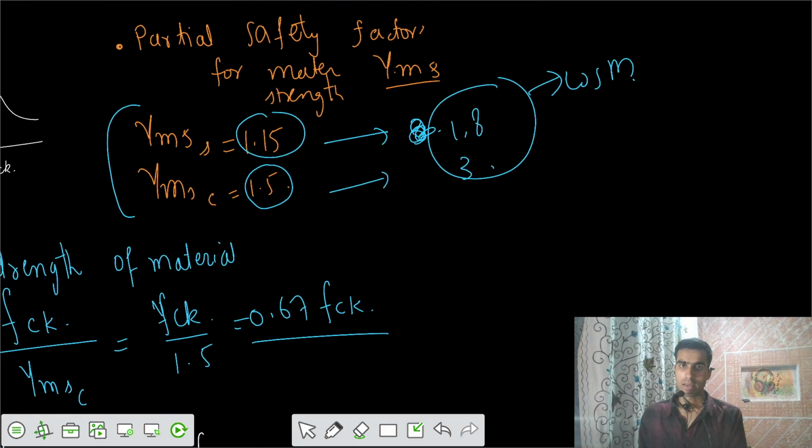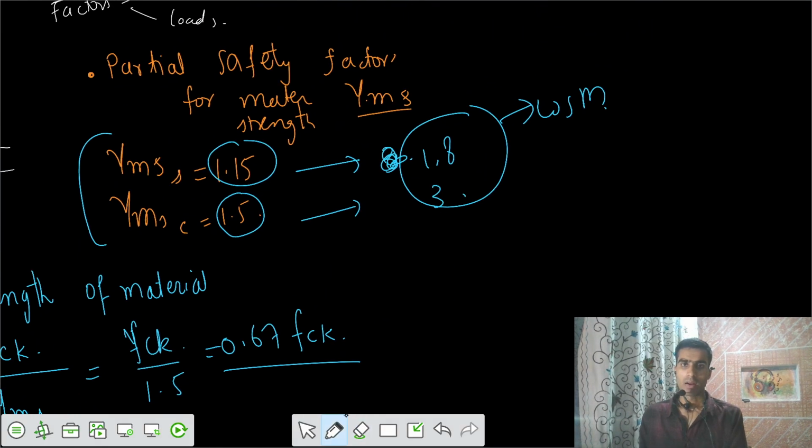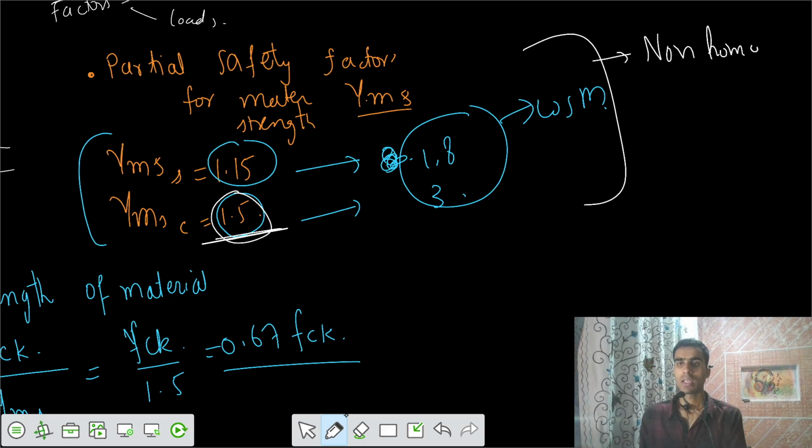And the reason why we have a larger value, a bigger factor of safety, for concrete is because of its more non-homogeneous behavior. Because of its non-homogeneity, concrete has more variation in strength. That's why we apply that factor of safety.